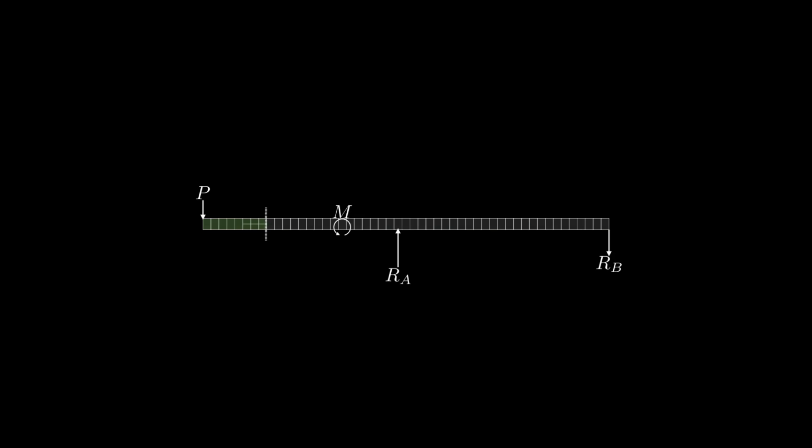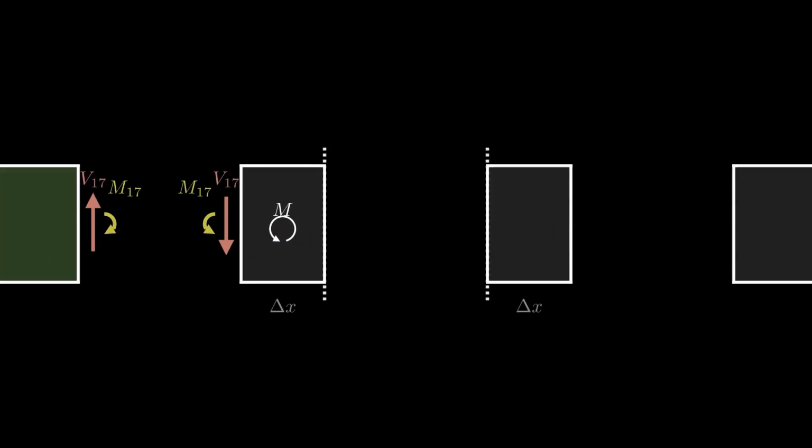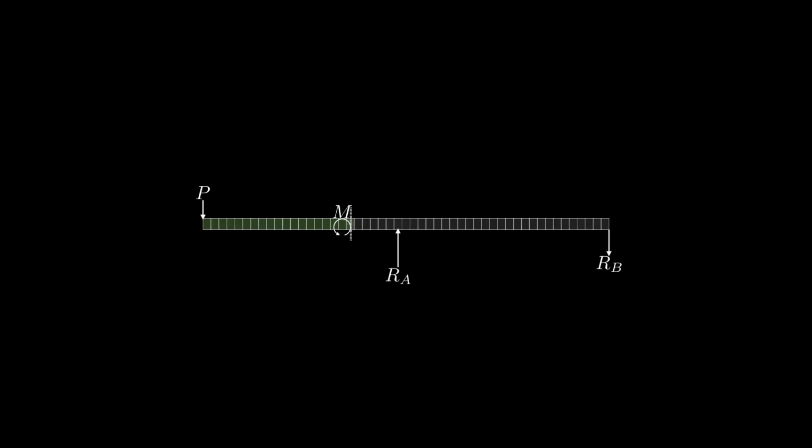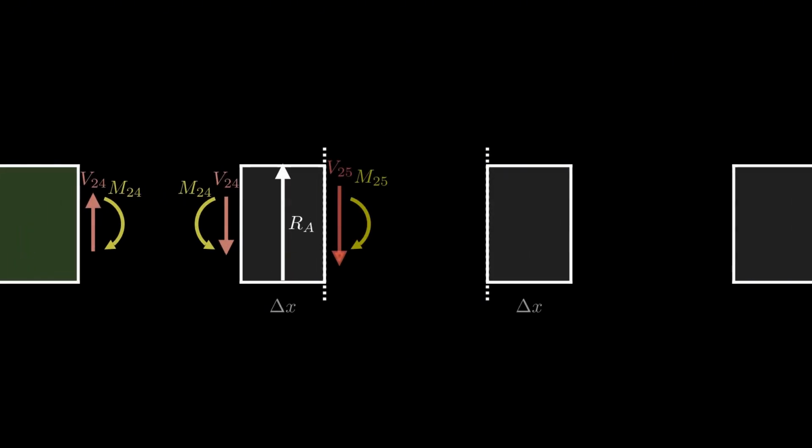Suppose that, somewhere in this process, one of these tiny elements encounters an additional load. Nothing really changes. That element still reaches equilibrium and passes the effect along to the next one. The same applies if it encounters a support reaction.